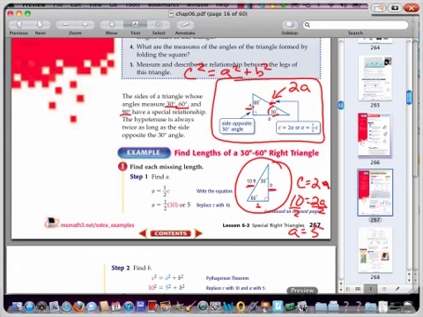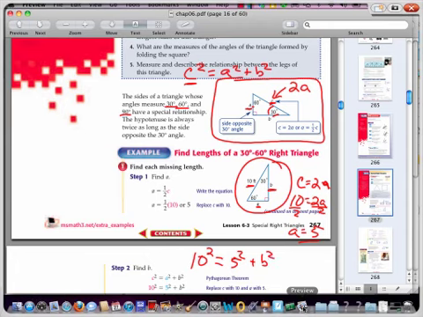Now we still don't know this side, so we would have to go back to the Pythagorean theorem to figure that out. But now we know C is 10, so we can say 10 squared. We know A is 5, so we can say A squared, that's 5 squared, plus B squared.